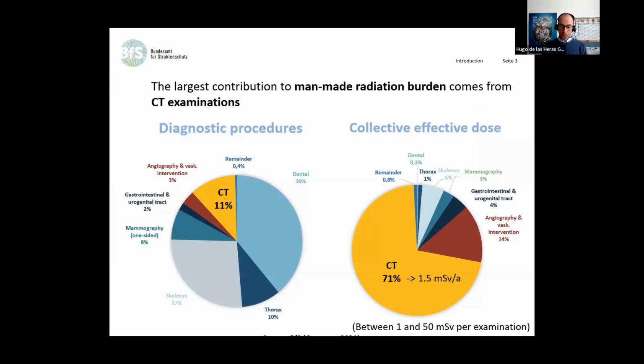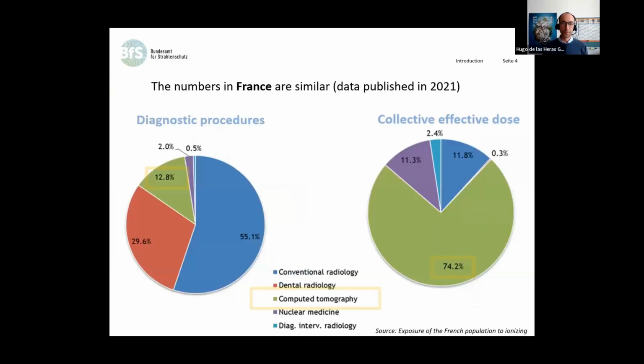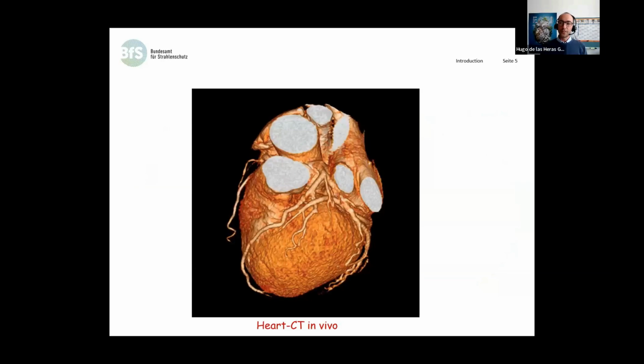This is also related to between 1 and 50 millisievert effective dose per CT examination, so that you know what kind of doses we're speaking about. The numbers in France, since this seminar is organized in France, are very similar, and they are also on an increasing trend. So let me show you what CTs can do.